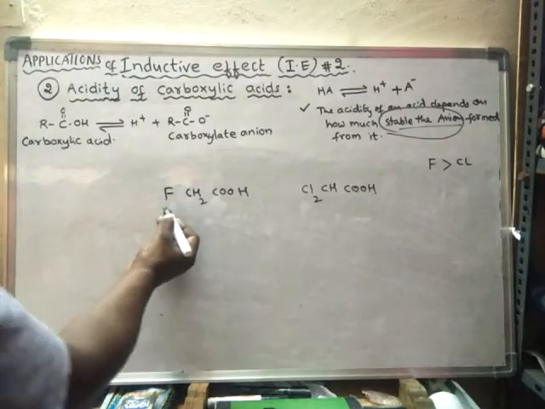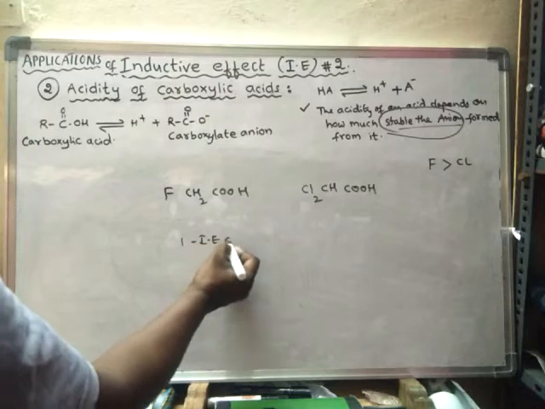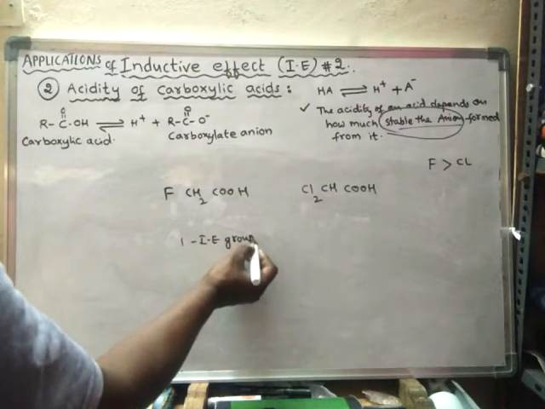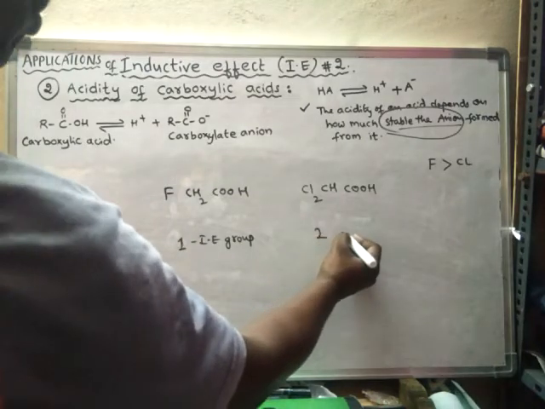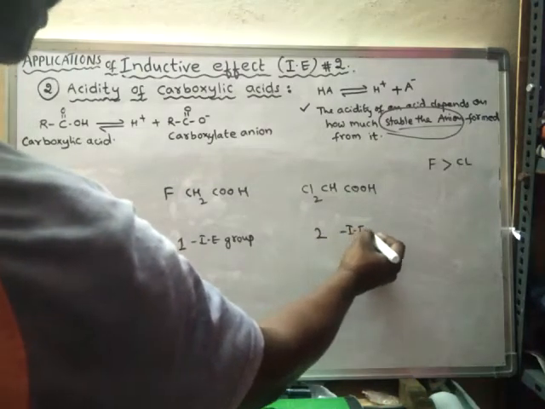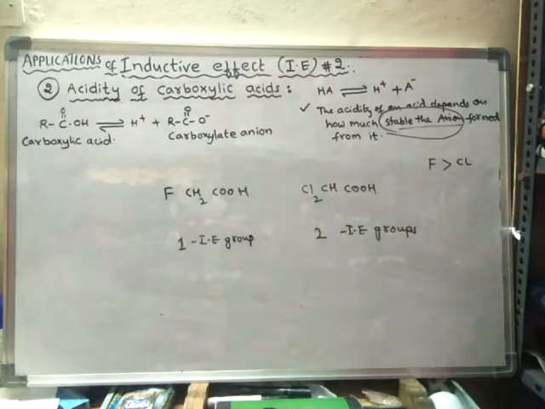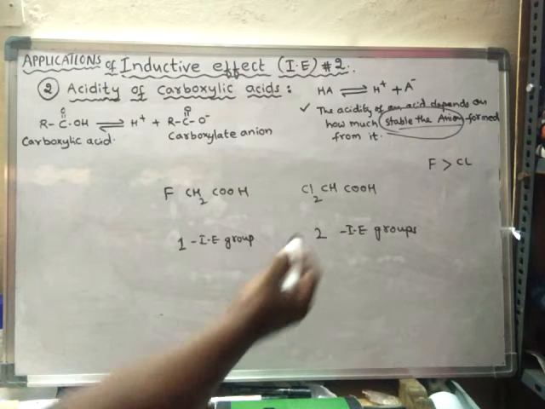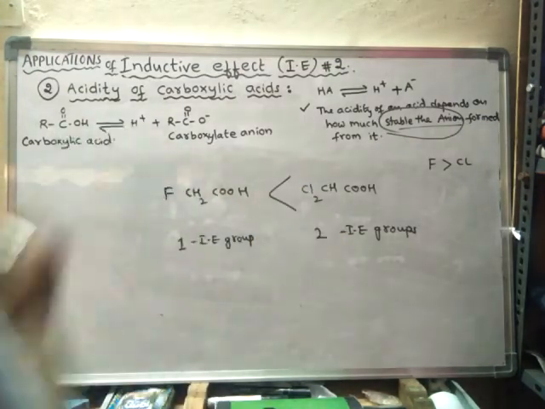That means here only one minus IE group is present, but here two minus IE groups are present. So due to the presence of more number of minus IE groups in this compound, this compound is more acidic than this one.